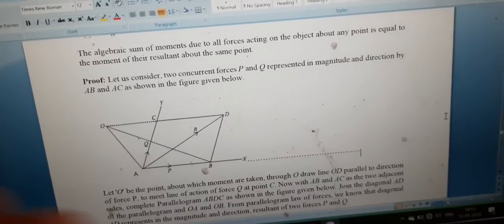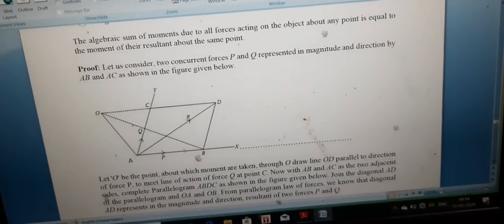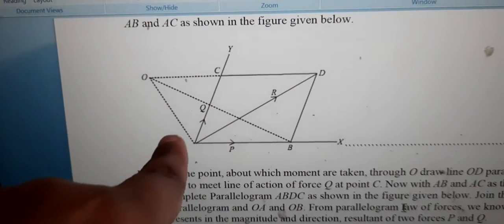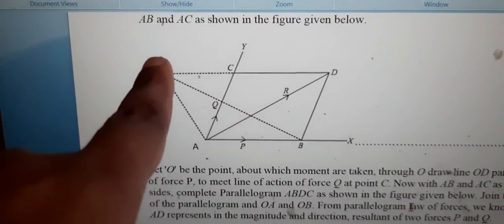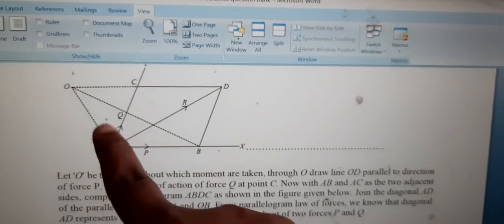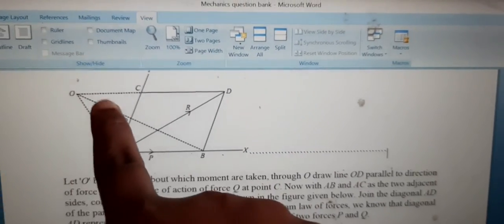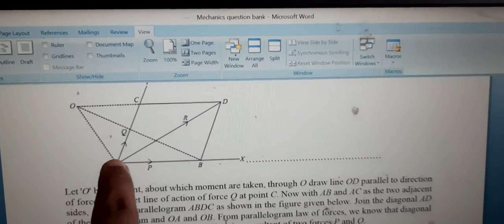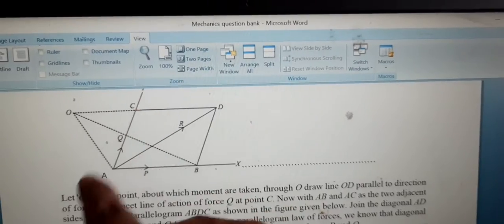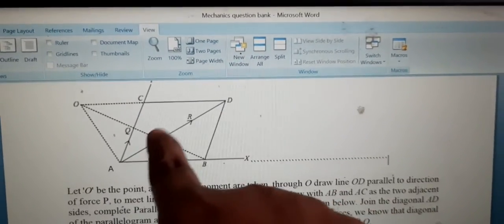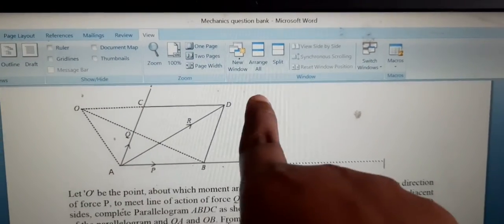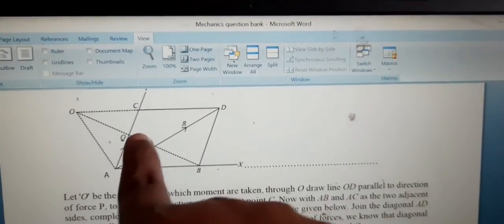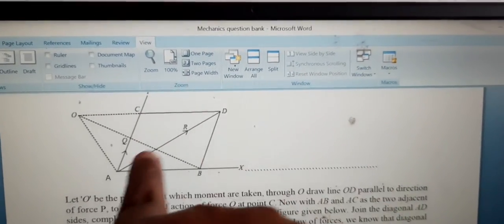So we'll relate it. From the diagram you can see the area of triangle AOD. Triangle AOD consists of two triangles. So area of AOD equals the sum of the area of triangle AOC plus the area of triangle ACD. Next, ACD equals triangle ADB because the sides are the same: AC equals BD and CD equals AB.